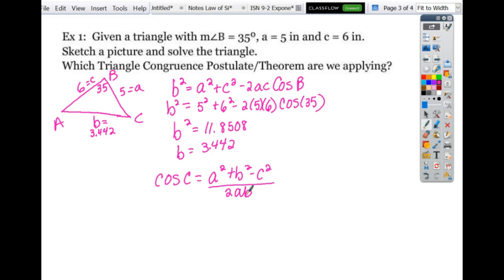Okay, so can we fill this in? So a squared.